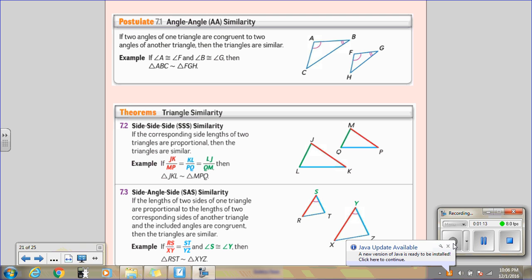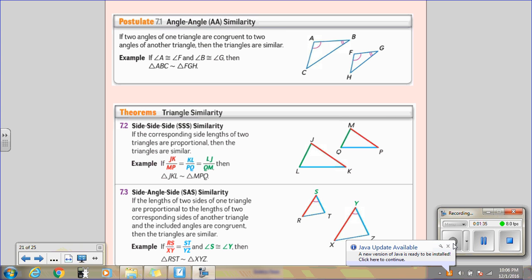And if all three ratios are equivalent, then the triangles are similar, which is what we did on day 1 to prove that those few examples and those homework problems are similar. You had to find all three ratios and see if they were equivalent.